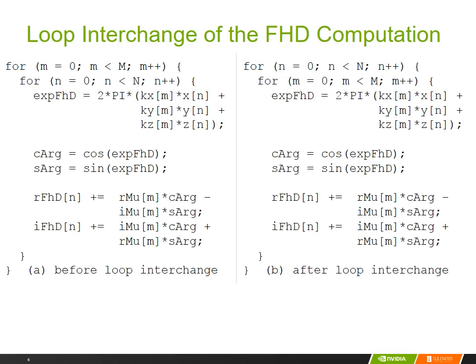Now let's focus on the perfectly nested loop that we created as the second loop after loop fission. On the left-hand side, we show this perfectly nested loop right after loop fission.